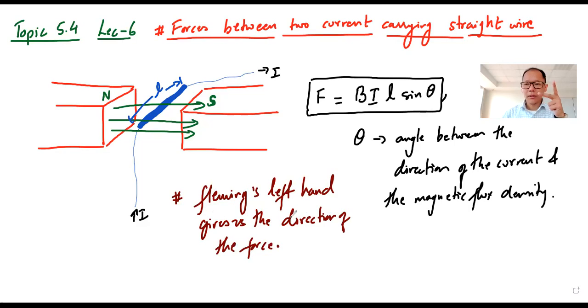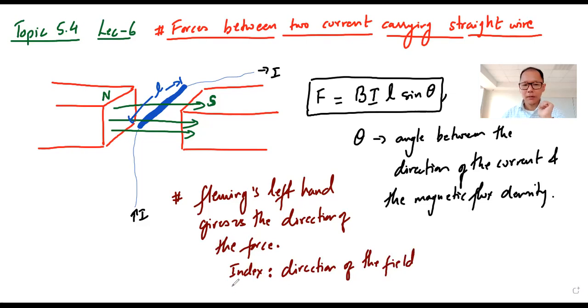Now, what it says is basically, if you make your three fingers perpendicular to each other, thumb, index, and the middle finger, then the index finger is the direction of the field. And the thumb is the direction of the force.